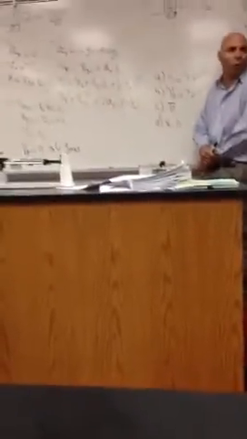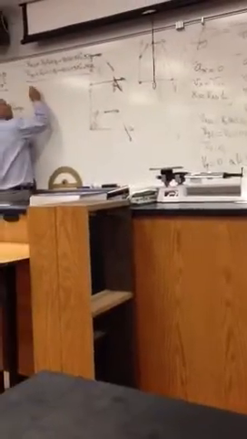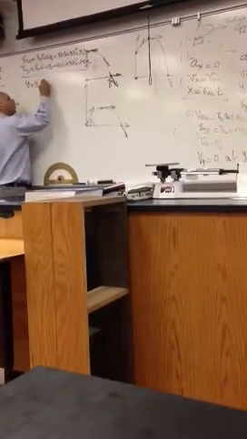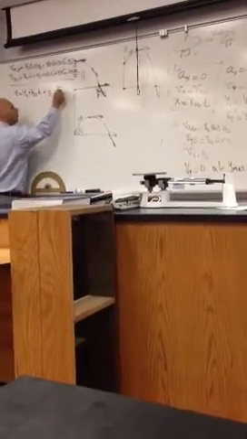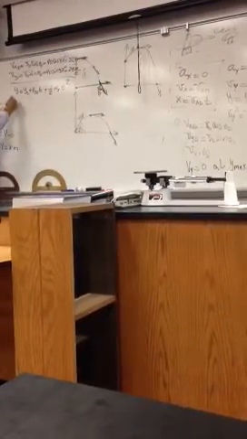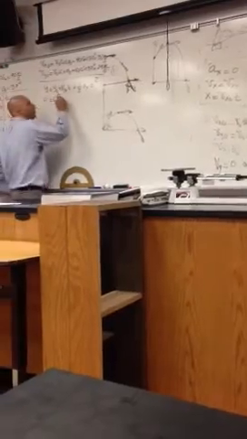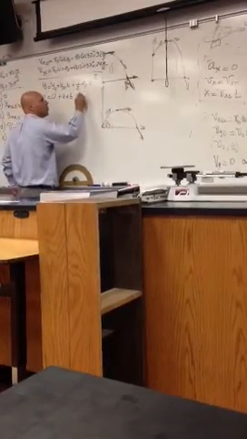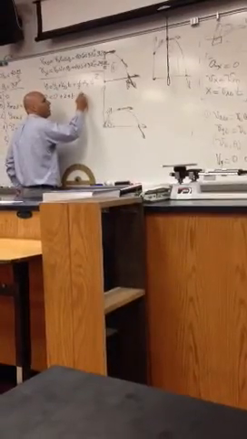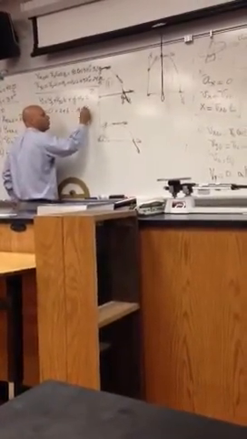The only thing unknown is the time. So I write the equation. How much is Y final? 0. YO 0 plus 24 T minus 4.9 or 5 if you use the 5 t squared.